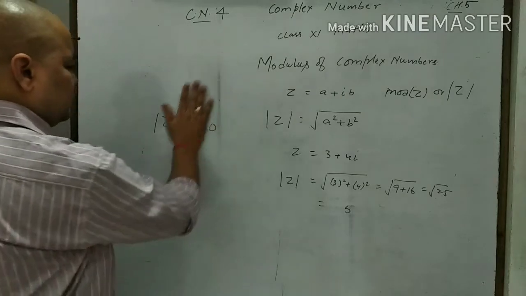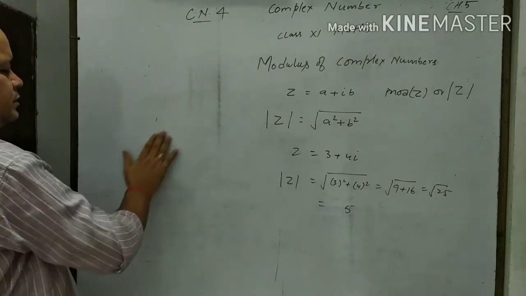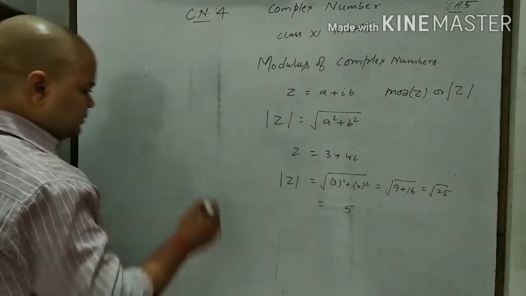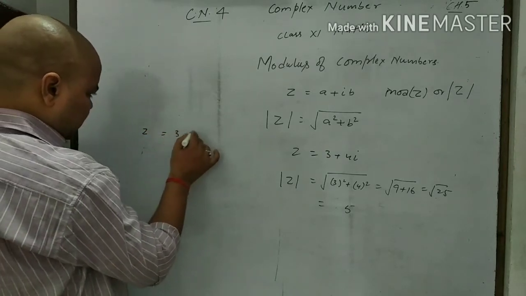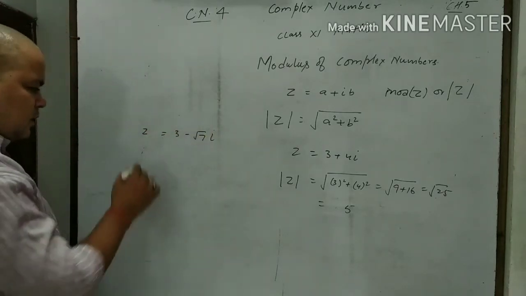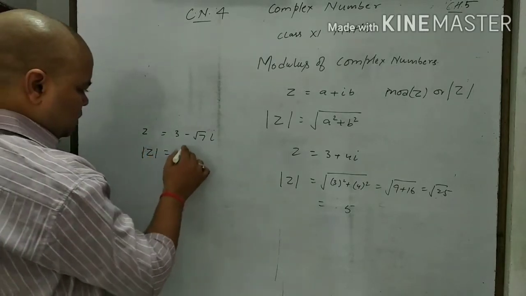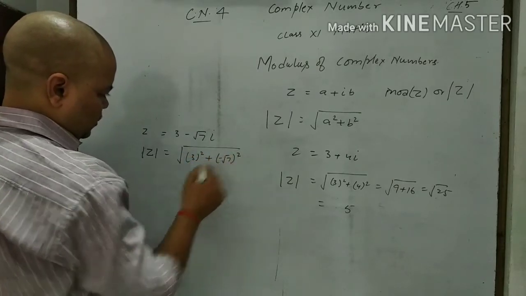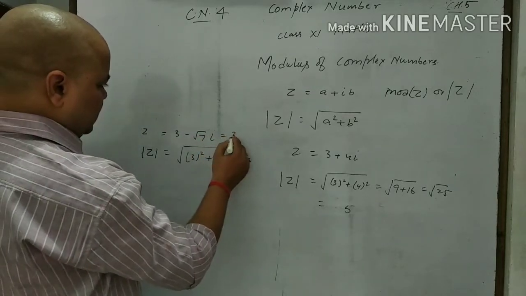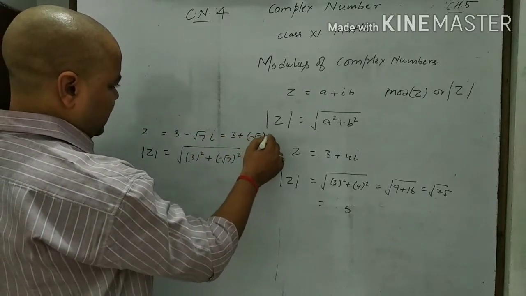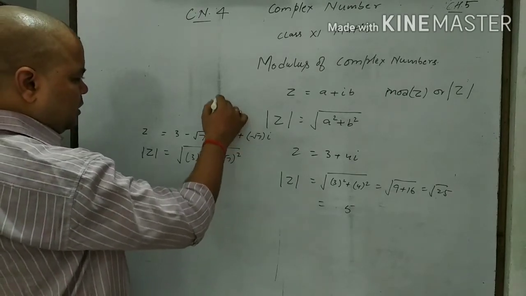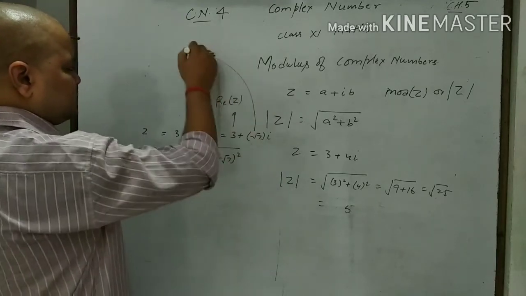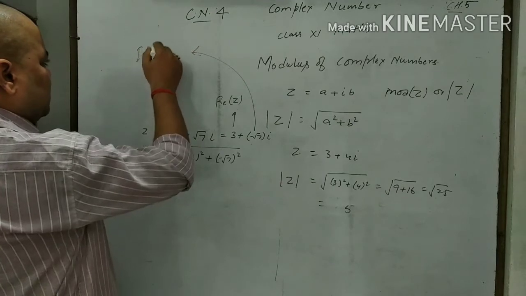Okay, similarly if we take any complex number z is equal to 3 minus under root 7i, then modulus of z is equal to under root 3 square plus minus under root 7 whole square, because this can be written as 3 plus minus under root 7 i, where this is the real part of the complex number z, and this is the imaginary part of the complex number z.